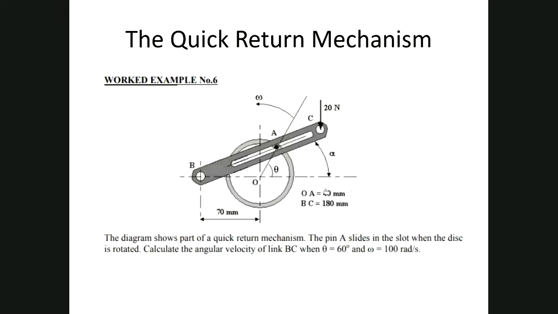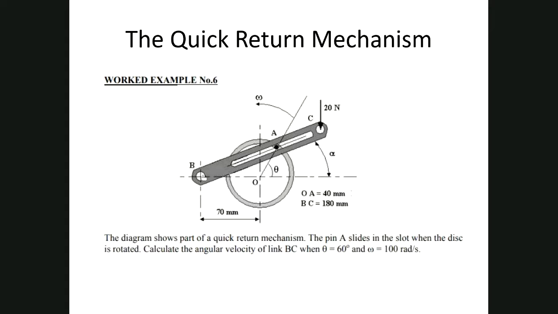We're going to be analysing when the angle theta is at 60 degrees and we have various dimensions on the diagram. What we're being asked to find is the angular velocity of BC, and once we found the angular velocity of BC, determine the translational velocity or the absolute velocity of C with respect to B.